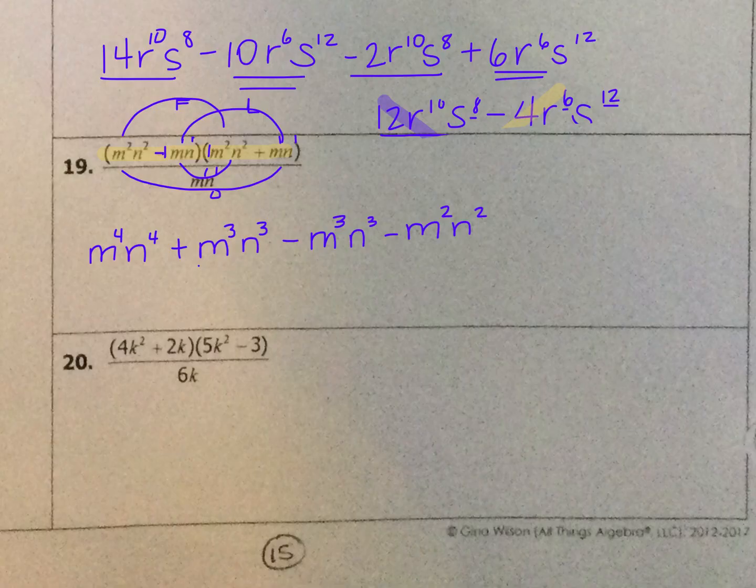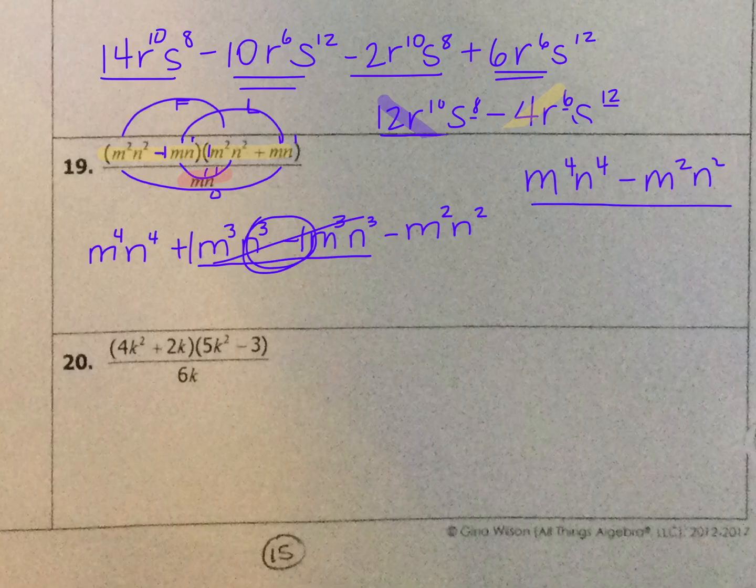Let's combine our like terms. M, so if this is 1 minus 1, that's a 0, so that just goes away. So now I have M4 N4 minus M squared N squared. Now I get to bring in this, and I'm going to divide by M1 N1.